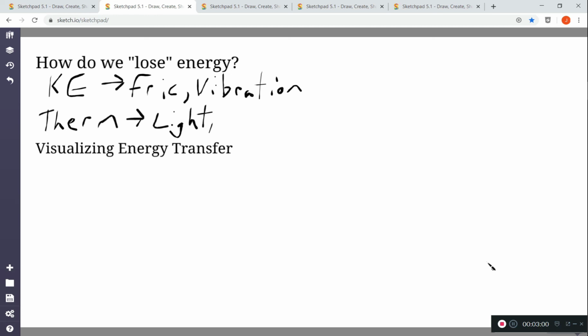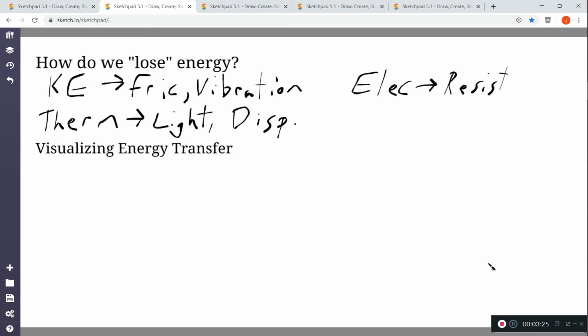It can also lose thermal energy due to what's called thermal displacement. We lose electrical energy to resistance, which is a form of heat, and occasionally to light. But basically, the transfer of energy into a type of energy we don't really want is how we quote-unquote lose energy.